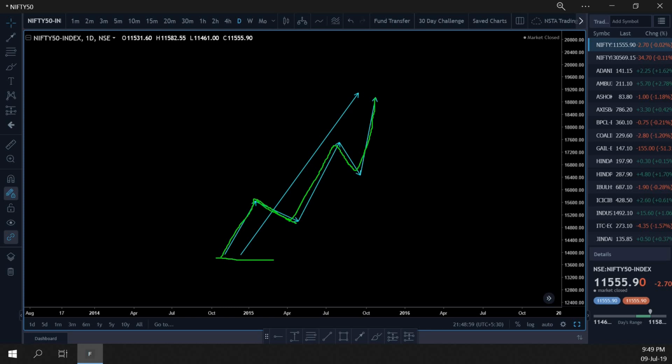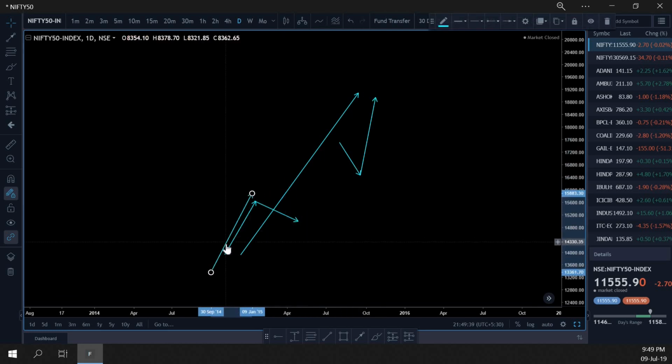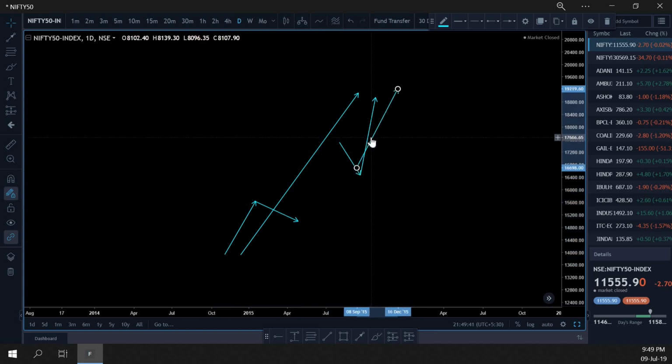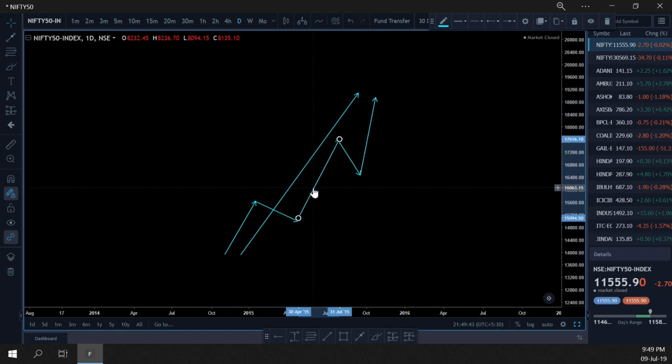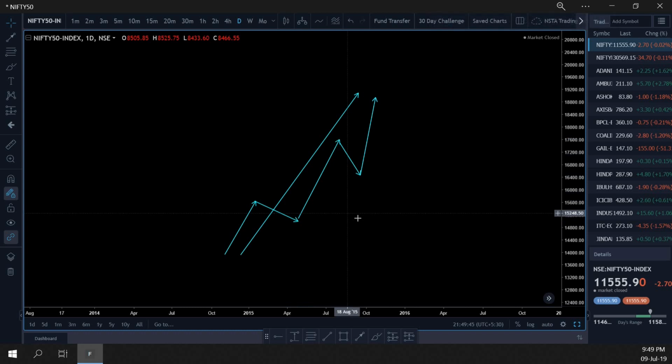The third wave should be the longest among the first, third and fifth waves. Let's check it out. From the first, it's longest; from the fifth, definitely it's longest. So that condition is also fulfilled.